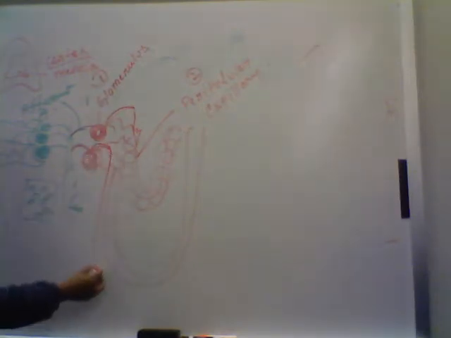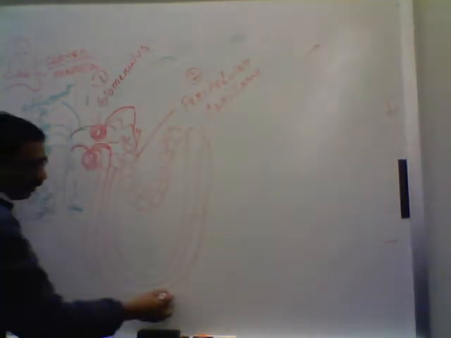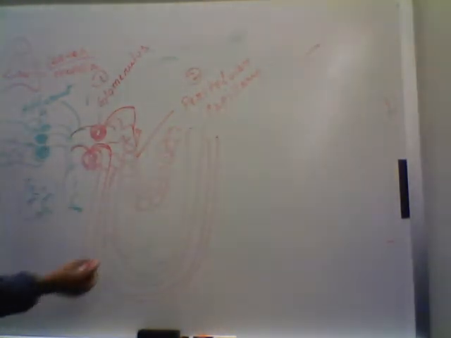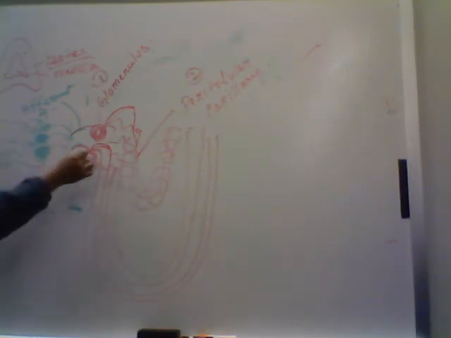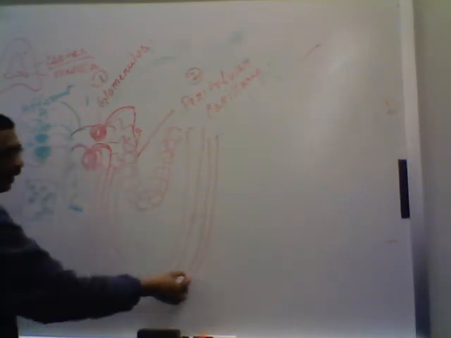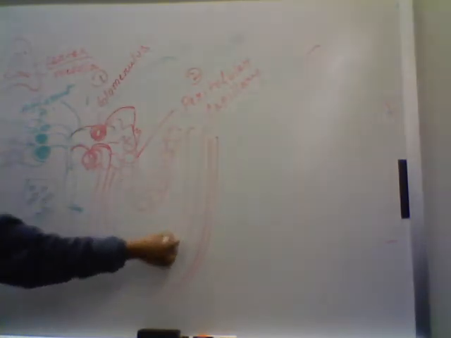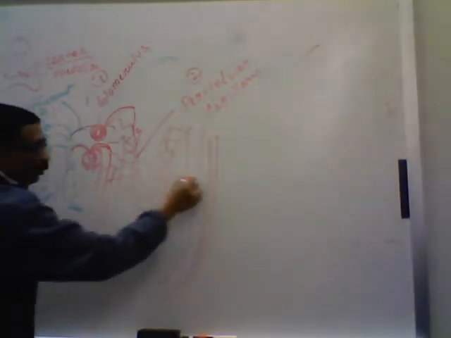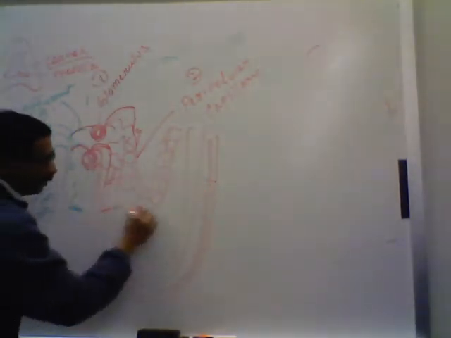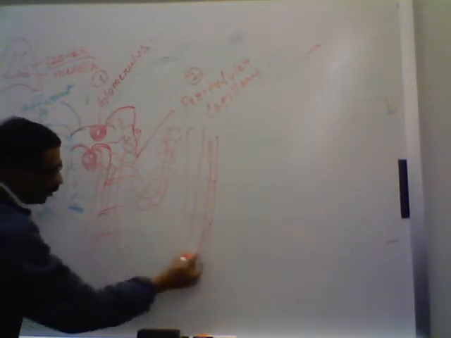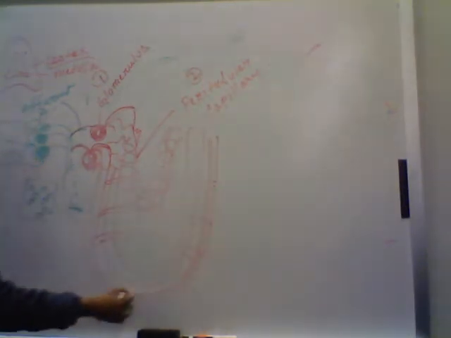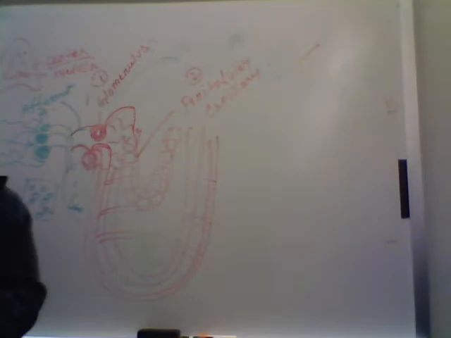Will form a capillary structure around the long loop. That will not go like this. It will go straight like this along the loop of Henle. And two limbs are connected by capillaries like this. So this capillary structure looks like a ladder. Have you seen a ladder?